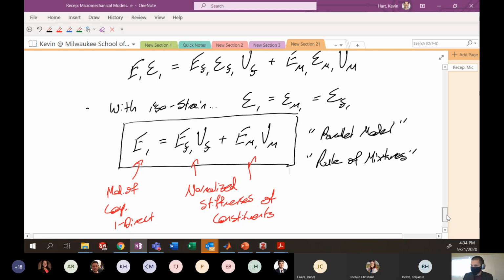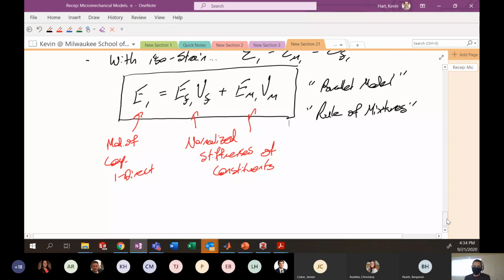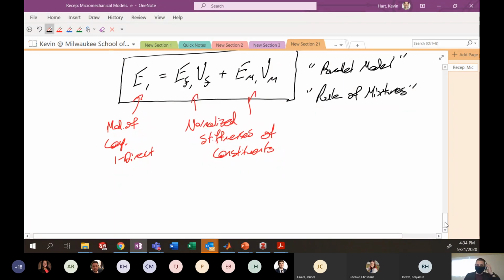All right, so this is specifically for the modulus in the one direction. The last thing I'll say is typically matrix materials are isotropic.